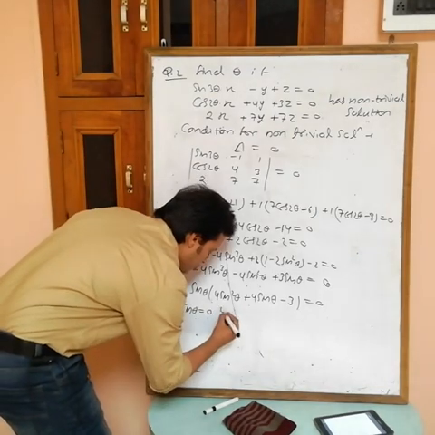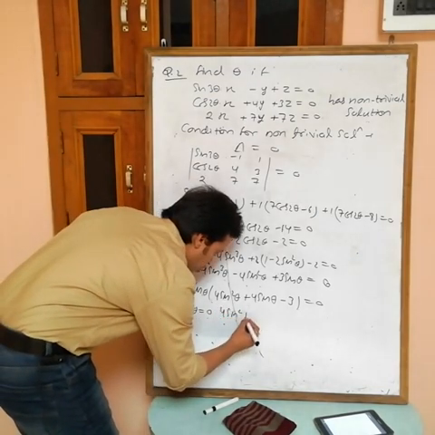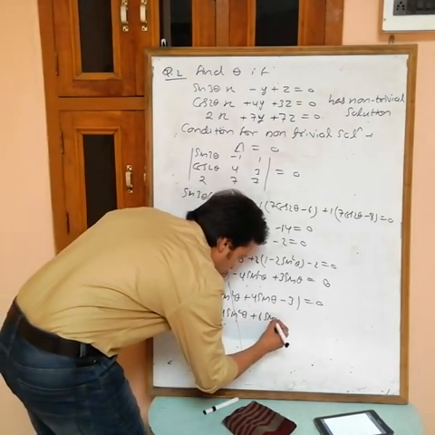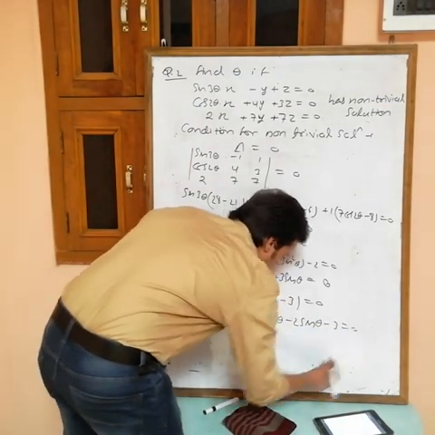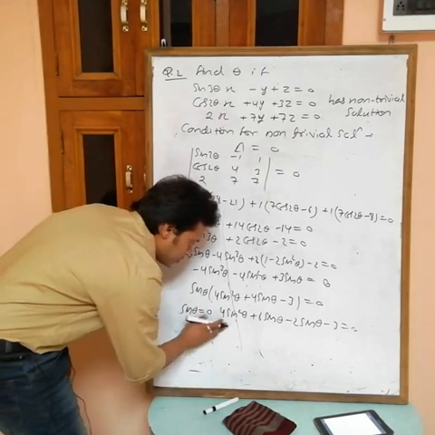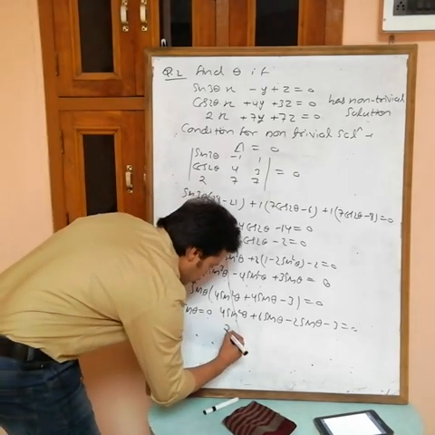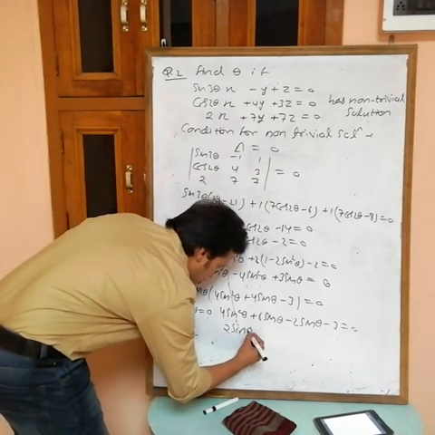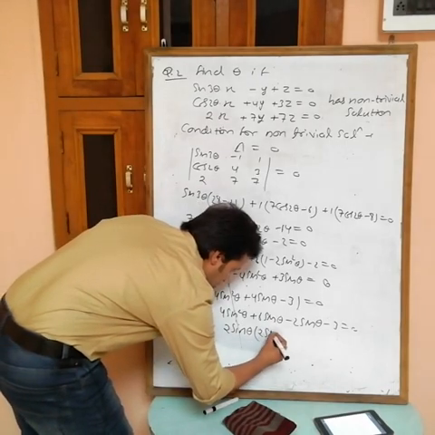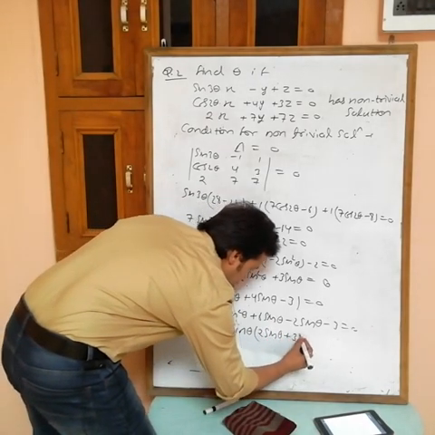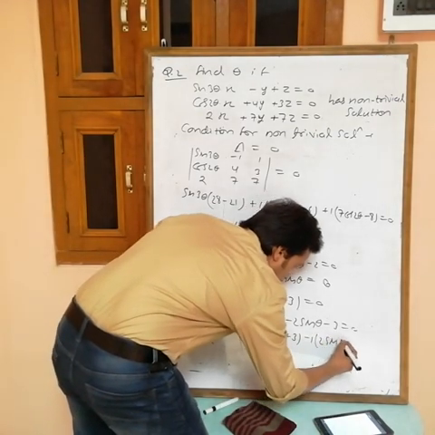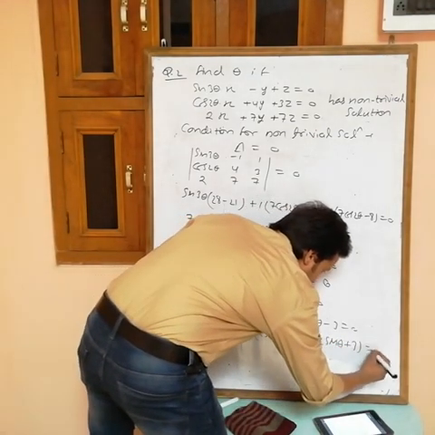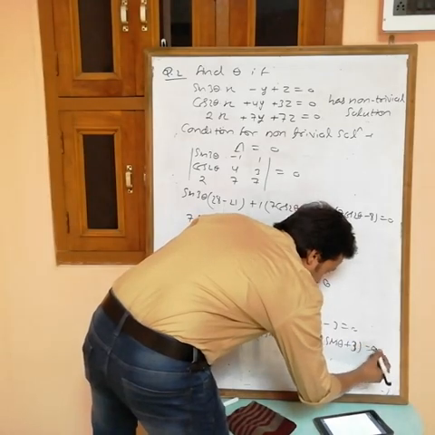Then 4 sin square theta plus 6 sin theta minus 2 sin theta minus 3 equals to 0. In this one take common 2 sin theta, then 2 sin theta plus 3, minus 1 common, 2 sin theta plus 3 equal to 0.